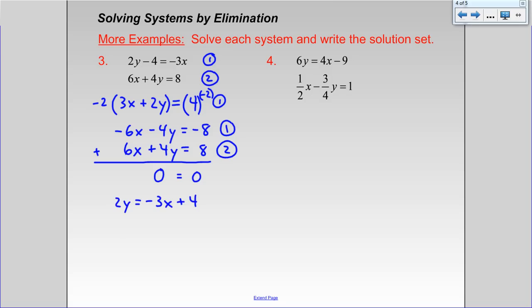And if we divide by 2 on each term, we obtain y equals negative 3 halves x plus 2. Now we can write our solution set. It's the set of all coordinate points x, y, such that y equals negative 3 halves x plus 2.